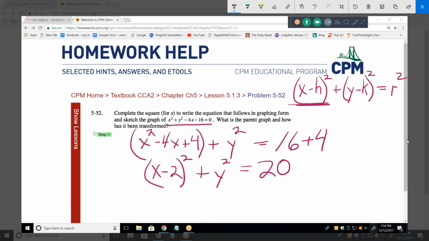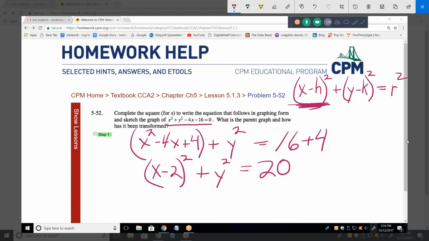So tell me where the center of my circle is. H is positive 2. Remember the format is x minus h. It's always x minus h. It's never x plus h.